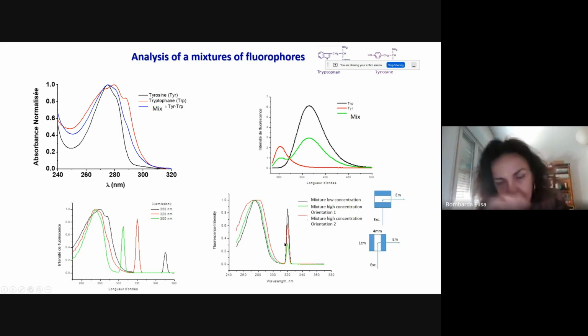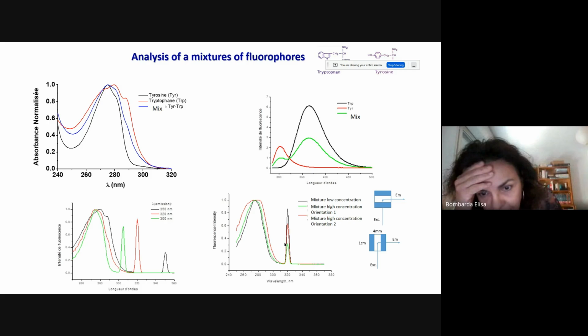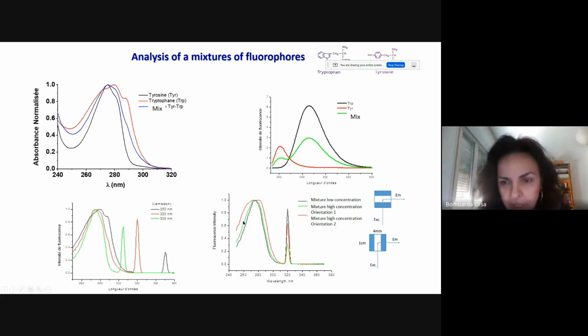Next, here is actually the effect of the inner filter effect. Here 320 is used as the emission wavelength, and these are excitation spectra. They are normalized, so in principle the intensity would not be the same; they are normalized just for comparing the shape, as was also done here.